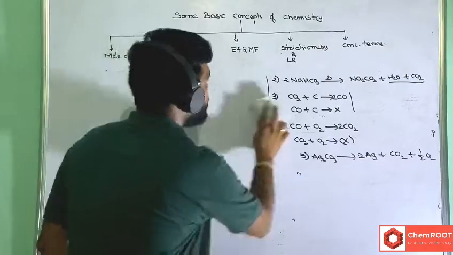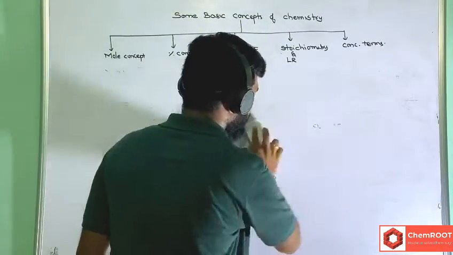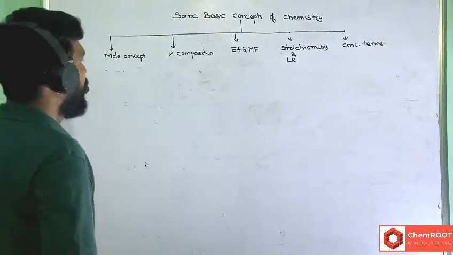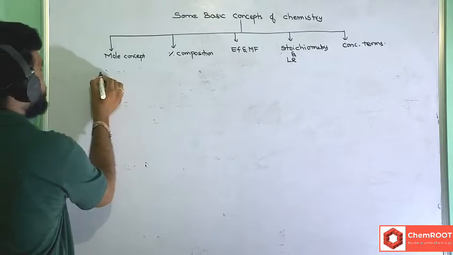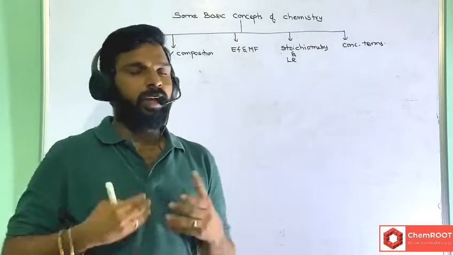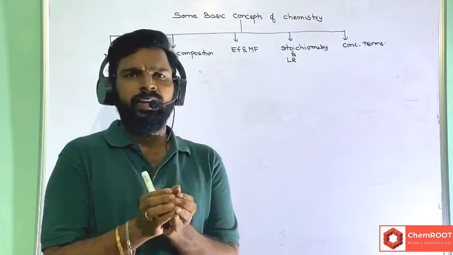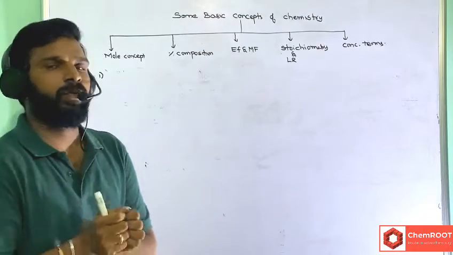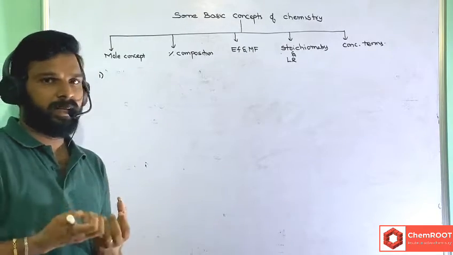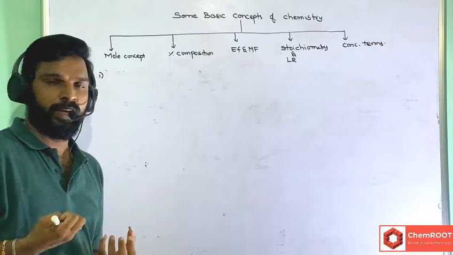And the next one, limiting reagent. This is a very important one. We will go through one question, then you can easily understand. Generally, when we are using 2 or more reactants and one reactant is in lesser amount, then it is completely consumed in the reaction.